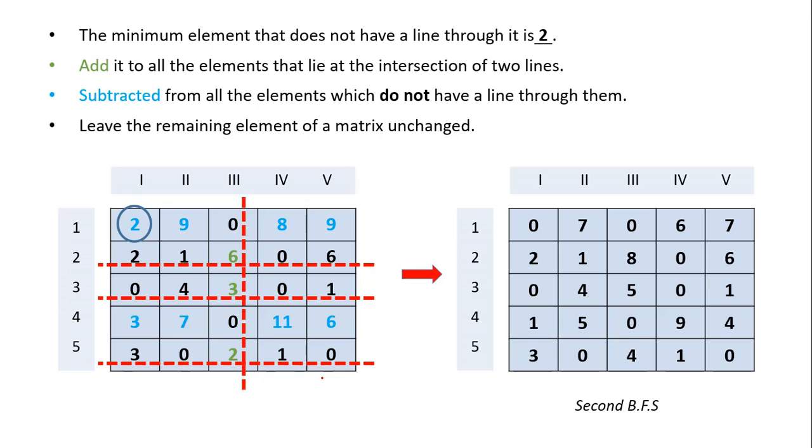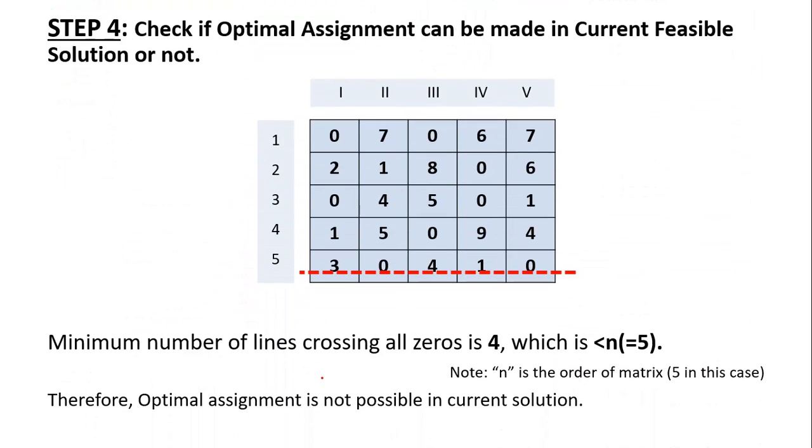Alright, so moving on. Once we have this current basic feasible solution, the next thing is to again check for the optimal assignment. Now how to check the optimal assignment? By crossing lines on all the zeros. Following the same method, wherever we have more zeros, we'll cross over that row or column first.